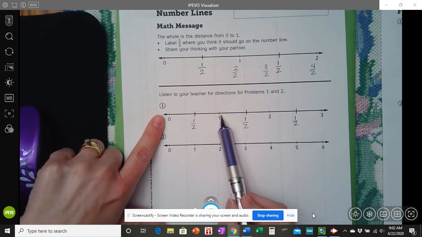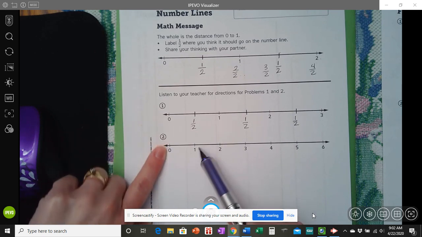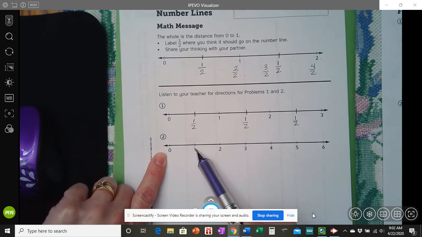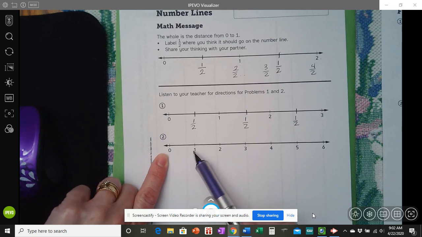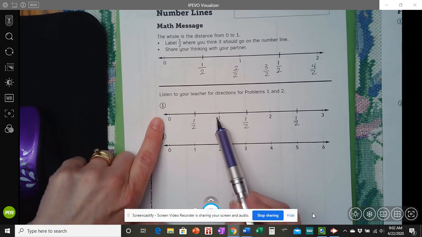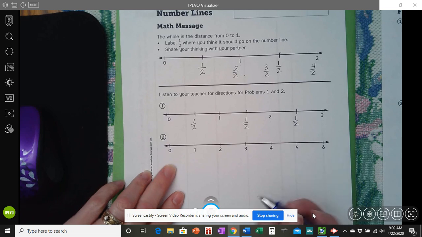Oh, and look, there's even smaller distance between the 0 and the 1. But still, half would be halfway between the 0 and the 1, no matter how much distance is between the 0 and the 1.